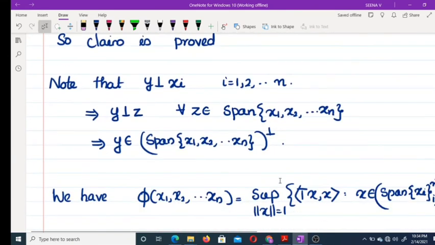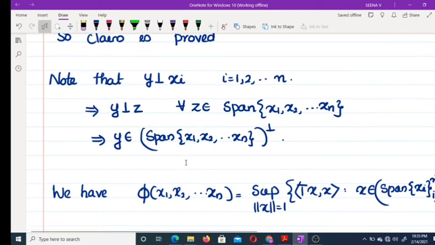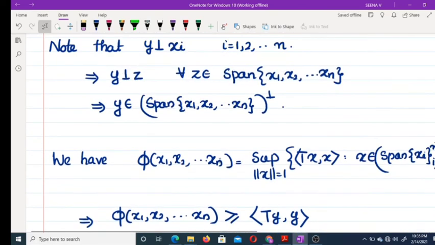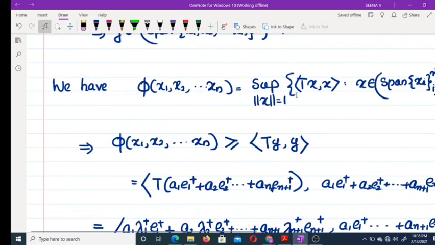Now we have to prove the theorem. So y is orthogonal to xi means y is orthogonal to Z and y is in the span of e1, e2, etc. We have phi of x1, etc., xn, which is the supremum value.